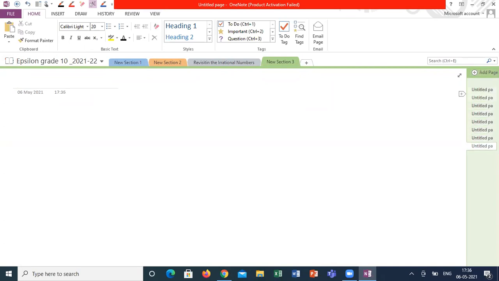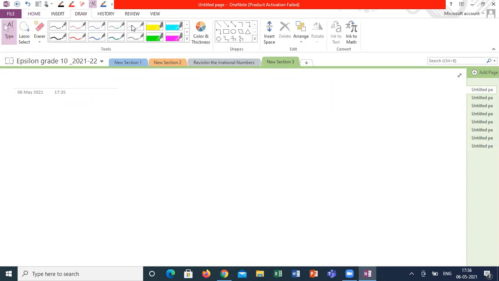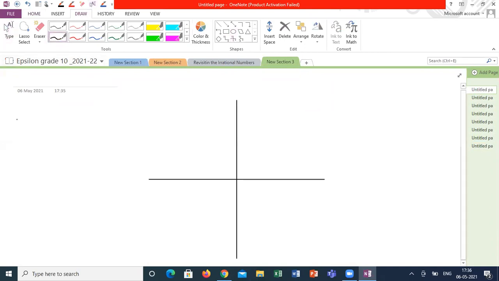Suppose I take a cubic equation, y is equal to x cube. Whatever you do, the graph will intersect only at one point. For 1 it is 1, for 2 it is 8, for 3 it is 27, and like that you will get a graph like this.